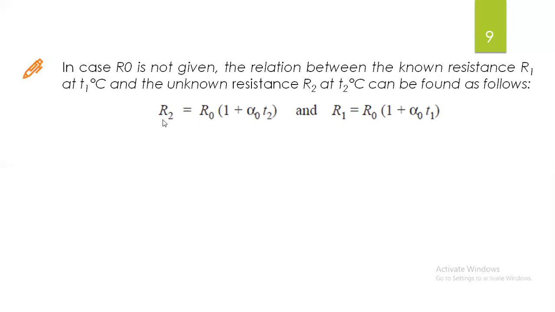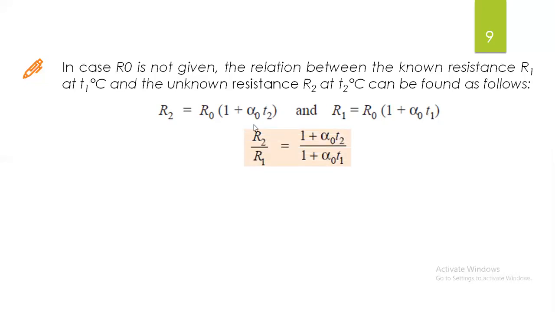We know the equation RT is equal to R0 into 1 plus alpha 0 into T. Putting RT as R2 at temperature T2, and similarly RT as R1 at temperature T1, because R1 is the resistance at T1 degrees Celsius.